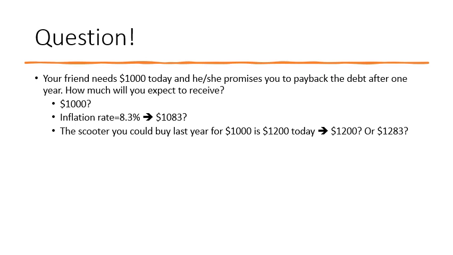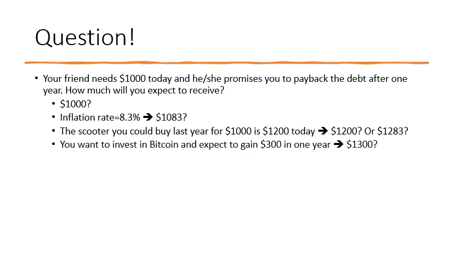So will you ask for $1,200, or maybe you even add the inflation rate and ask for $1,283? But your friend can tell you, yes, I will pay you $200 more, but I believe this $200 price increase already covers the inflation rate inside of it.